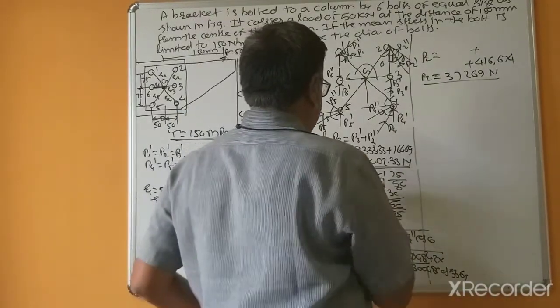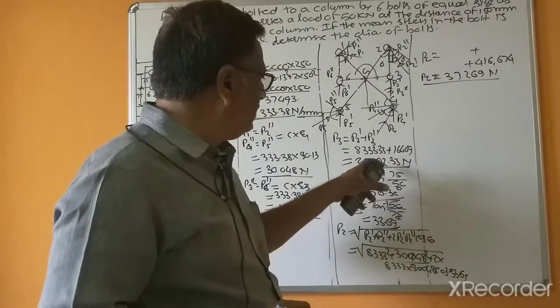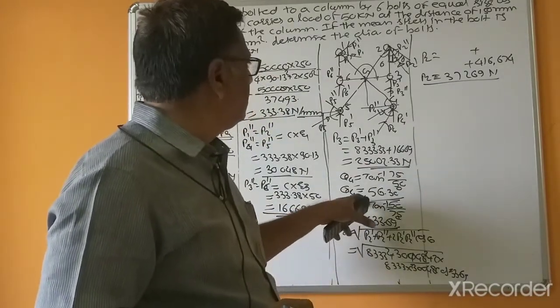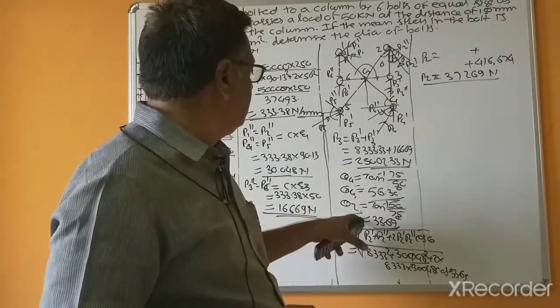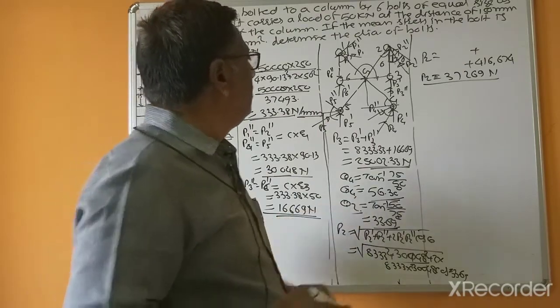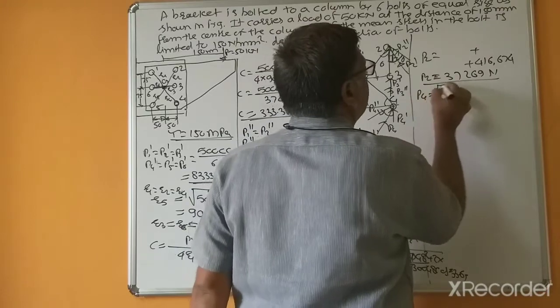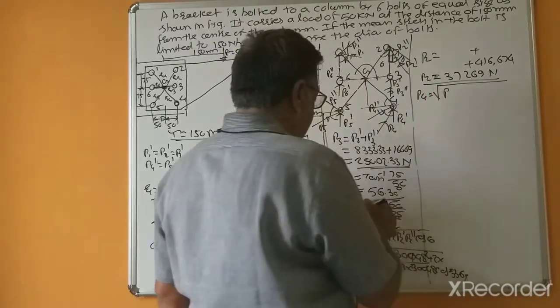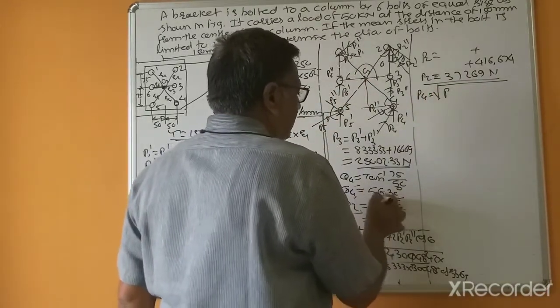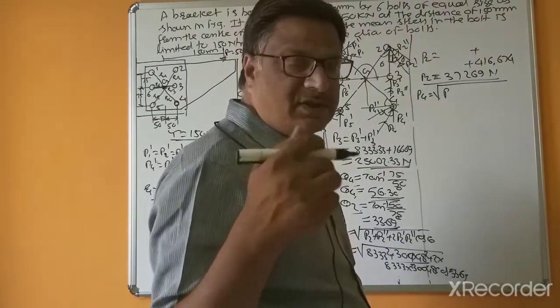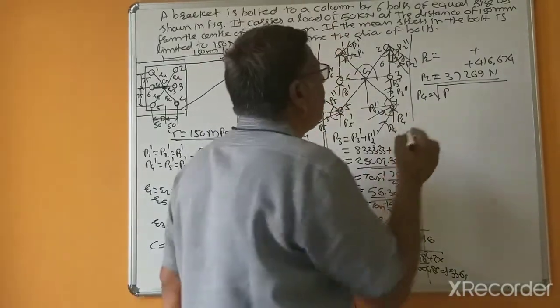Now we do it only for checking purposes, otherwise you will get that the fourth bolt load is small as compared to the second bolt. Why is this? Because this angle is greater. When the angle is greatest, the cos theta value is small.